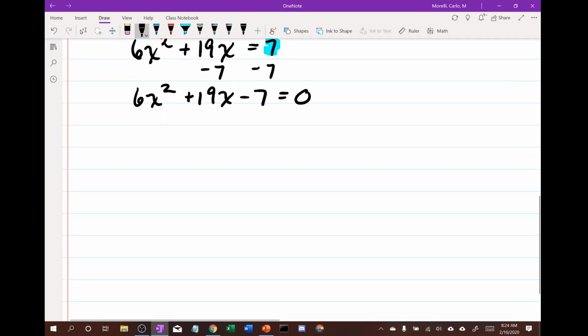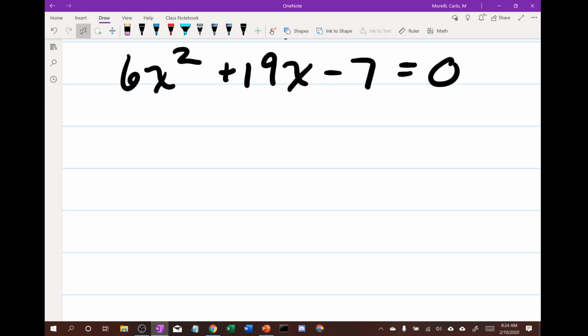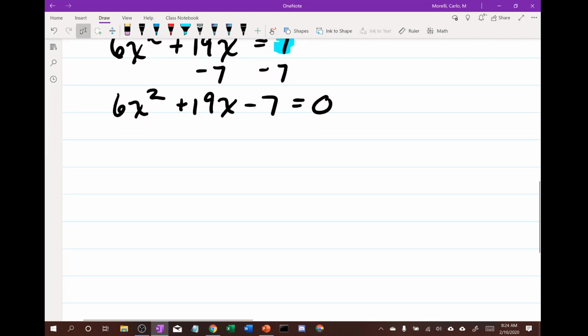Now we have to factor by grouping. But first, we need to identify A, B, and C. What is A? 6. What is B? 19. And C is negative 7.